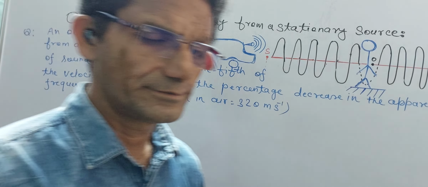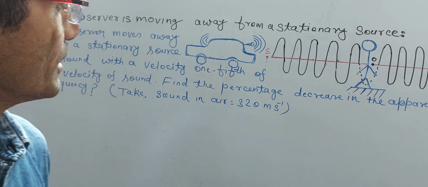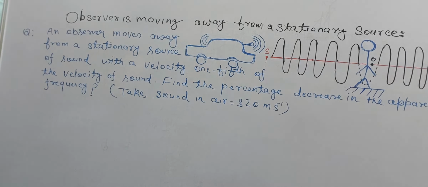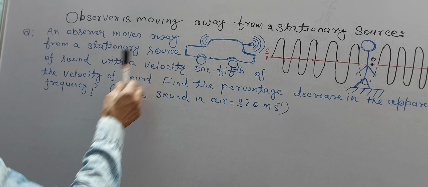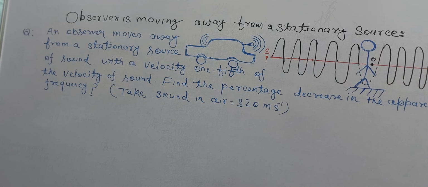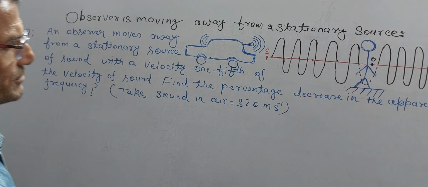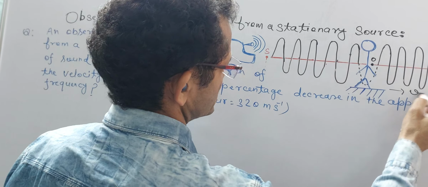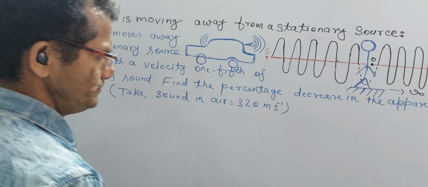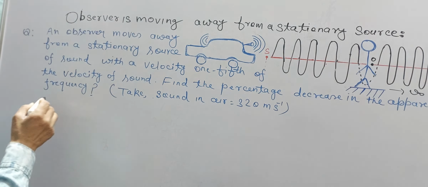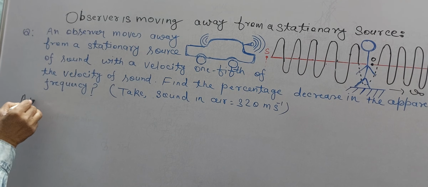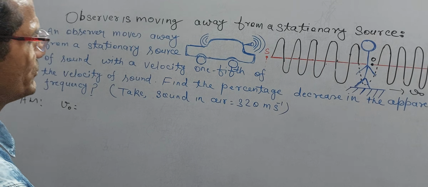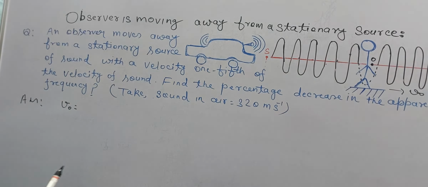Now let us discuss our concept in this problem. An observer moves away from a stationary source of sound with a velocity of 1/5. This is our observer, it is moving away. It is given that the velocity of the observer is equal to 1/5 of the velocity of sound in air.